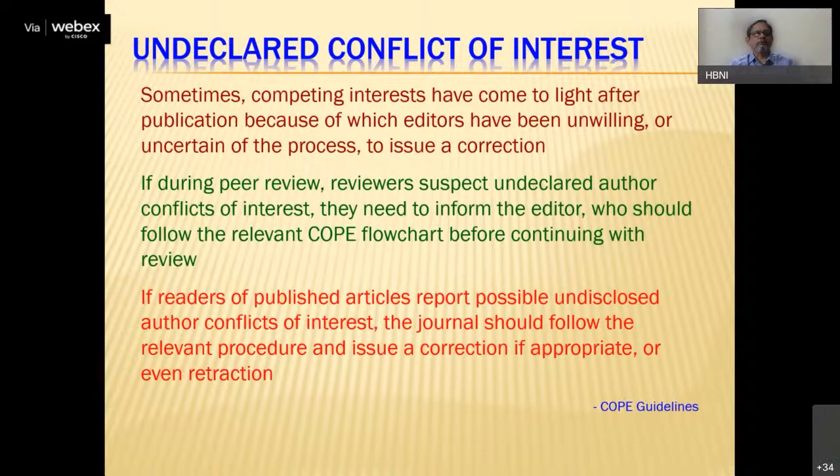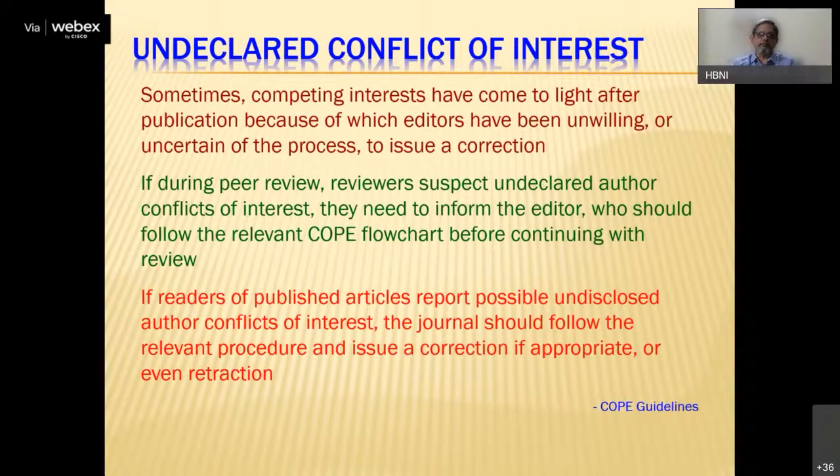There are two cases. If this happens during the peer review itself, and the reviewers suspect an undeclared author conflict of interest, they should inform the editor, who will follow the relevant guidelines given by COPE before continuing with the review.